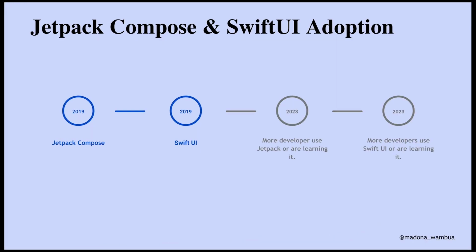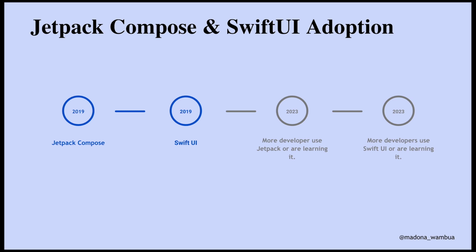Something many may not have known, which I learned while doing this research, is that both of them were released the same year. Jetpack Compose and SwiftUI are relatively new technologies, with Jetpack Compose introduced in 2019 and SwiftUI introduced in 2019 as well.